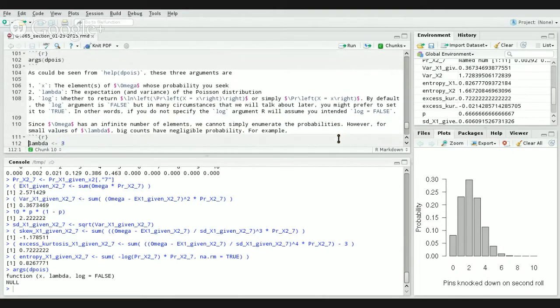In the case of a count, there's no upper bound on omega, so it has an infinite number of elements. And because it has an infinite number of elements, we can't simply enumerate those probabilities.